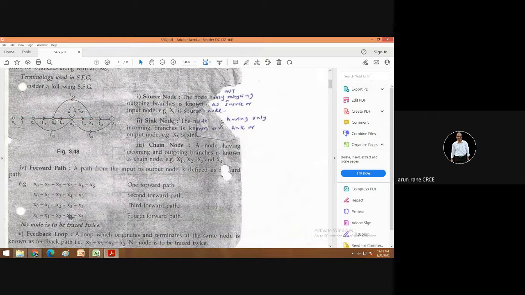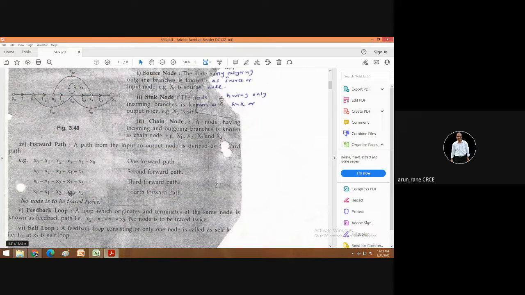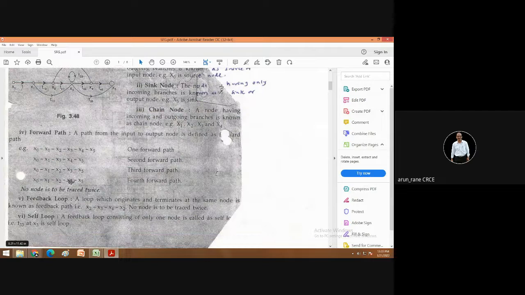Is there any more forward path to reach x5? It is like this from here, and then from here it has gone like this, and then this and this. So this is also a forward path, but not this one. You have to see that no node is to be traced twice.